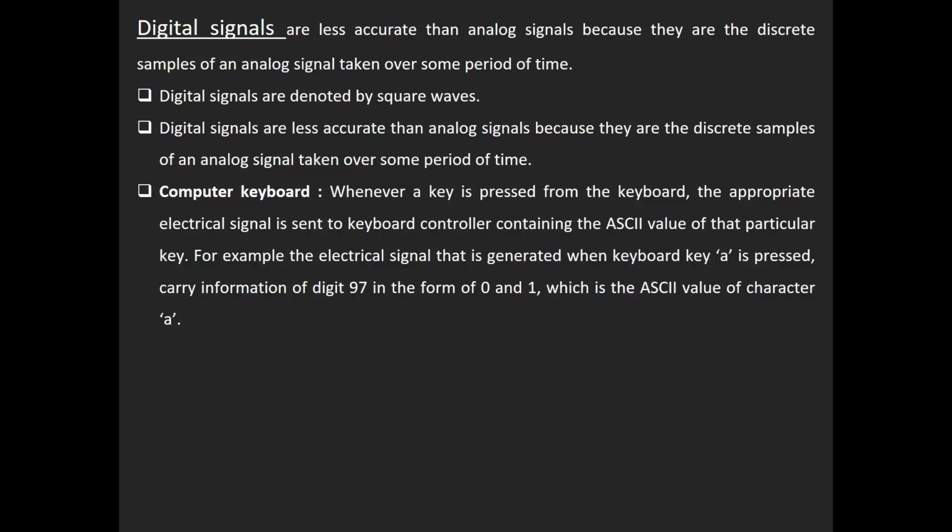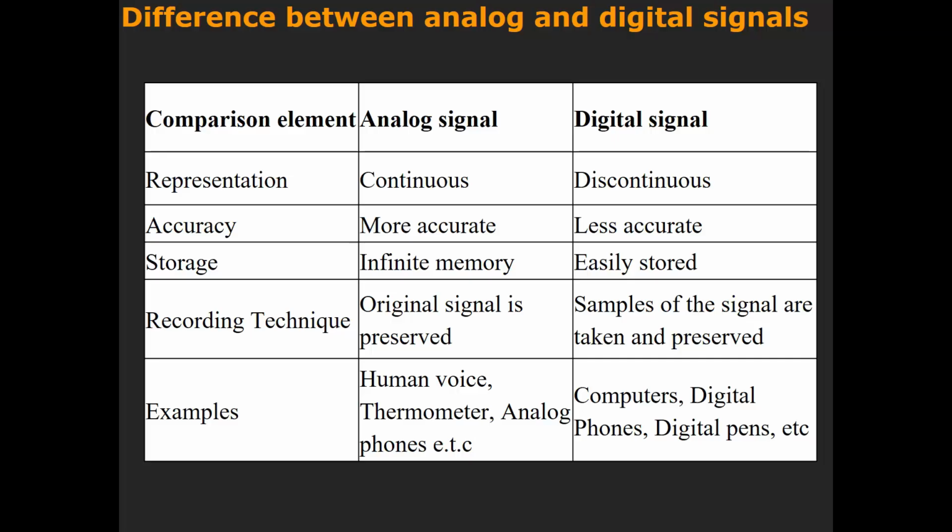Whenever a key is pressed on the keyboard, the appropriate electrical signal is sent to the keyboard controller containing the ASCII value of that particular key. The electrical signal that is generated when key A is pressed carries information of digit 97 in the form of zeros and ones, which is the ASCII value of the character A.